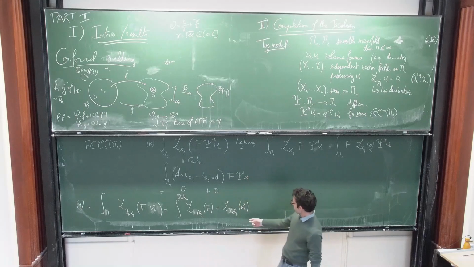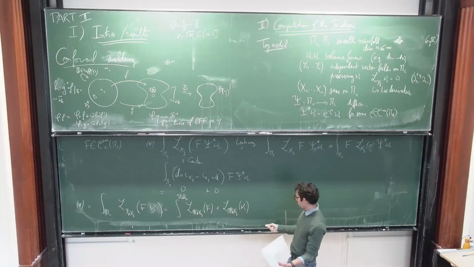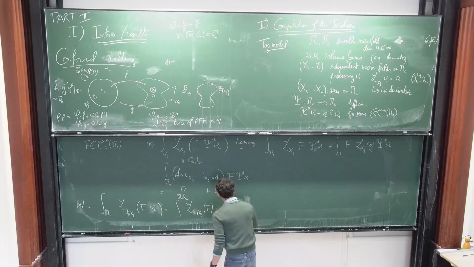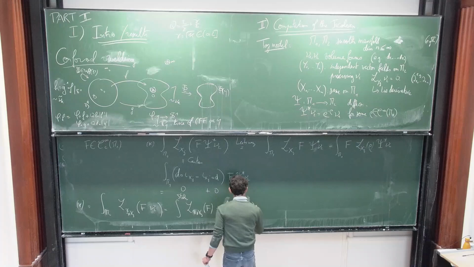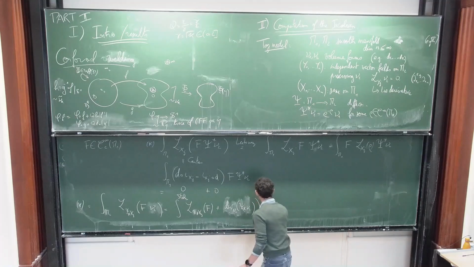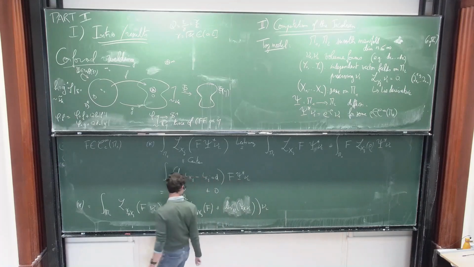But I can write the Lie derivative of my measure as just the divergence of the vector field psi star xj with respect to the measure nu2, and I integrate with respect to nu2.